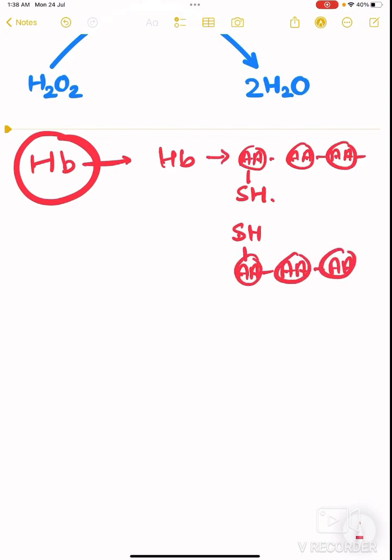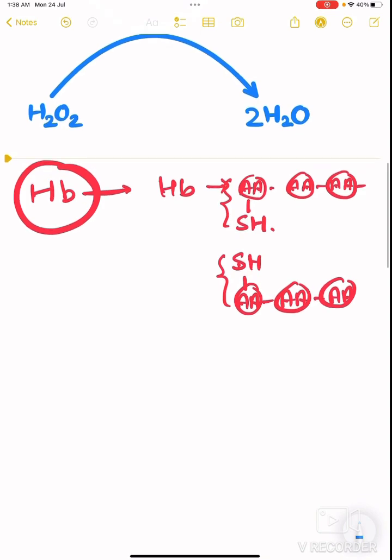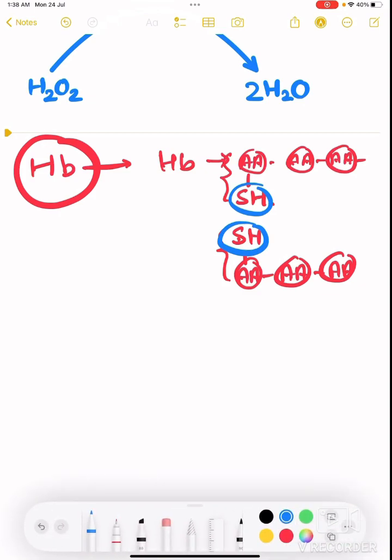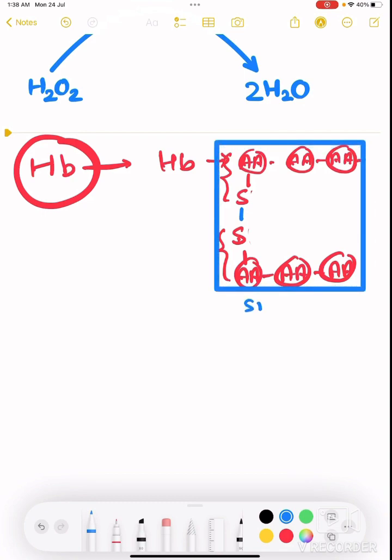So I have made two different hemoglobin molecules, and each of them contains a lot of SH groups. Now what happens is that two SH groups can react to form one molecule. You can easily understand this: if I remove both the H atoms and make a bond between them, then this whole thing becomes a single molecule, that is, two hemoglobin molecules combined together.